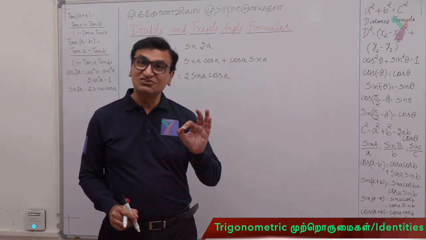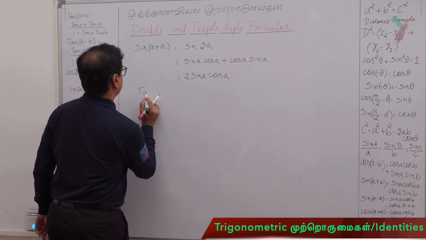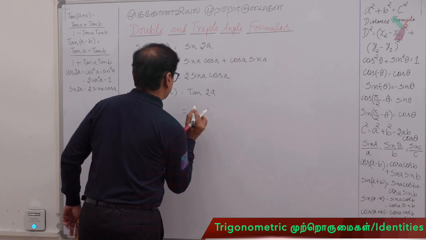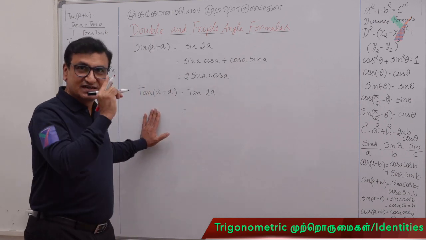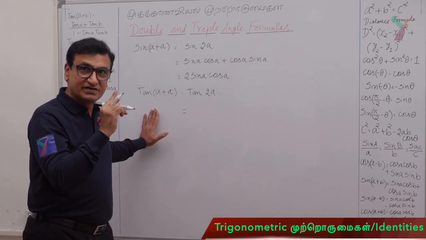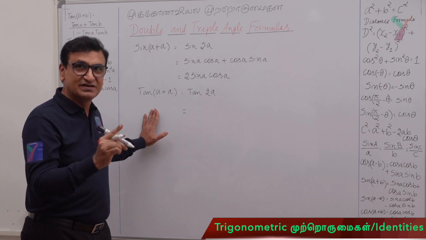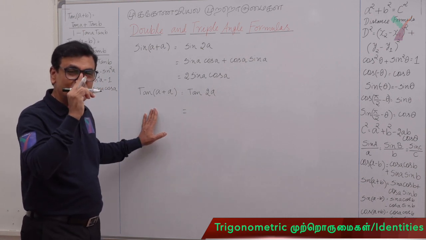Next, tan 2A. Tan A plus B is tan A plus tan B divided by 1 minus tan A tan B. Instead of tan B, I'm going to use tan A itself.